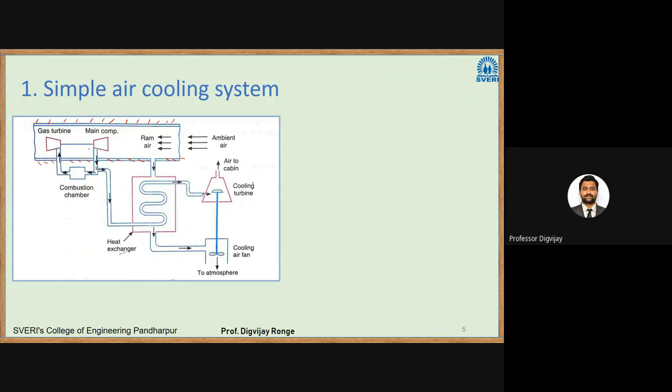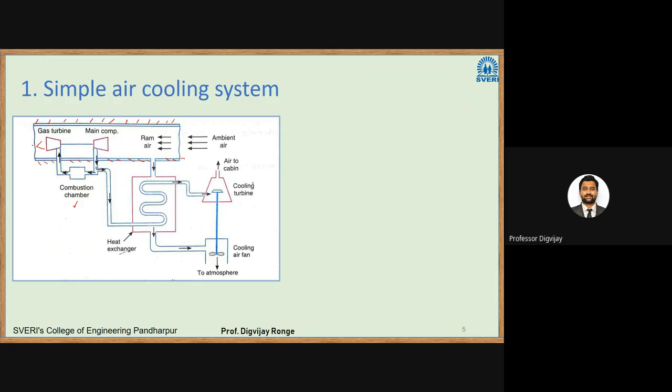So the direction is like from the compressor, that air is being compressed, the compressed air passes to the combustion chamber. From the combustion chamber, that high pressure air is mixed with fuel and the combustion takes place. All that combustion gases are passed to the gas turbine. The gas turbine undergoes the expansion process, and here we have a nozzle.